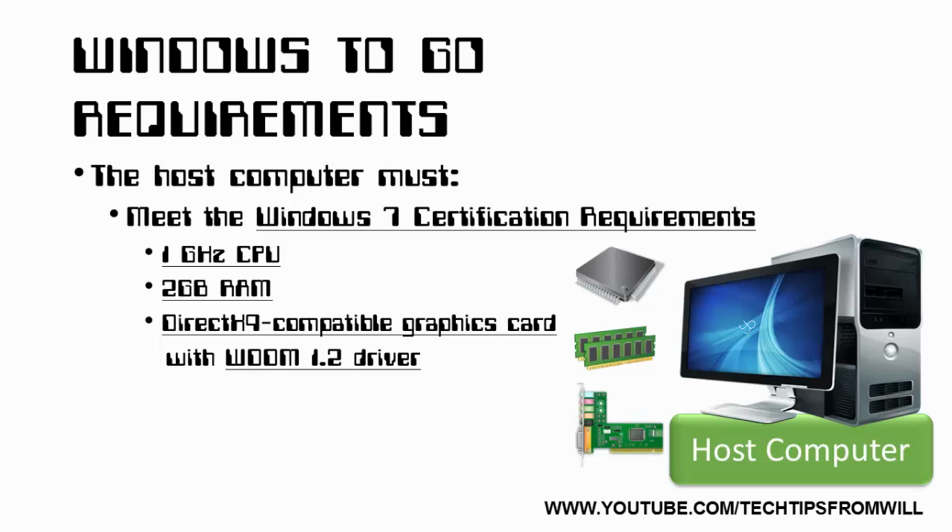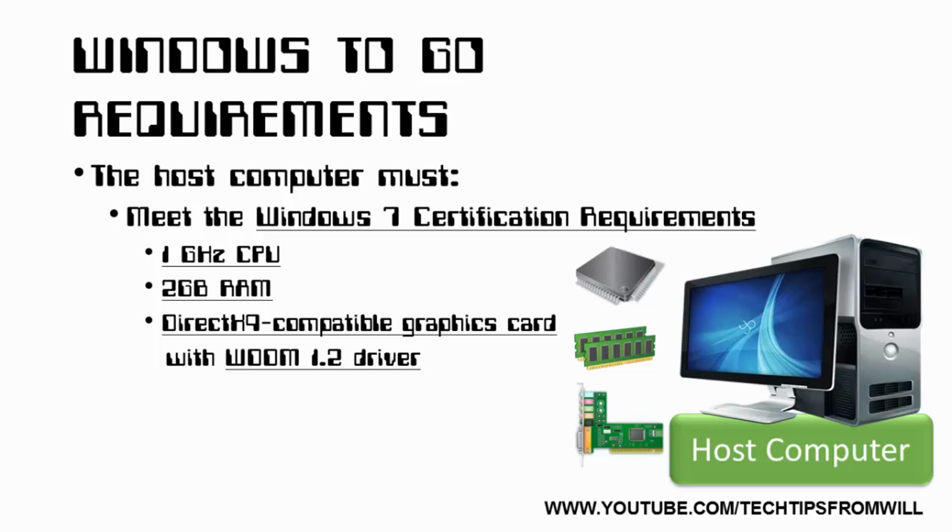DirectX 9 was first released back in 2002. Since then, newer versions of DirectX, such as DirectX 10 and DirectX 11, have also been released. As such, it is highly likely that most computers today will support this.